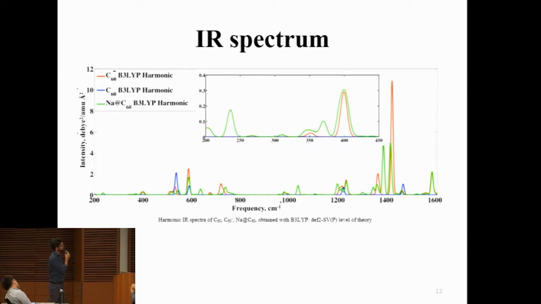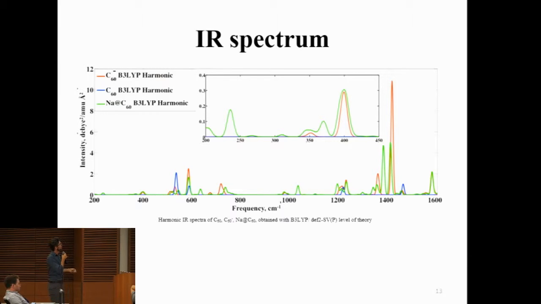And here I have a comparison between C60 minus and sodium at C60. C60 has only 4 fundamental peaks, but when we have C60 minus, that extra electron, which has a resonance inside the cage, can break the symmetry, and we have much more peaks.